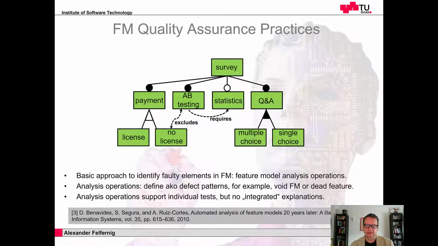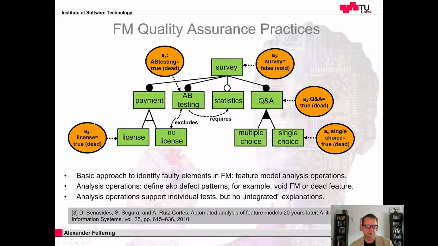What you see here on this slide is the standard way to analyze feature models, to test feature models. So we have the feature model, and then we have different analysis operations. So we can test if every feature in the model isn't dead, so there exists at least one configuration where this feature is active. This is a very basic example for a testing operation for the feature model.